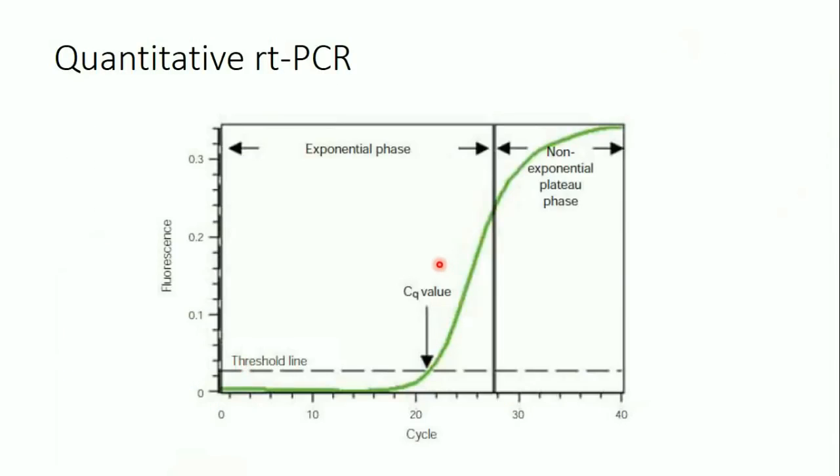So this is a very important value, the CQ or the CT. And you can see here that after a certain number of cycles, the curve becomes non-exponential.